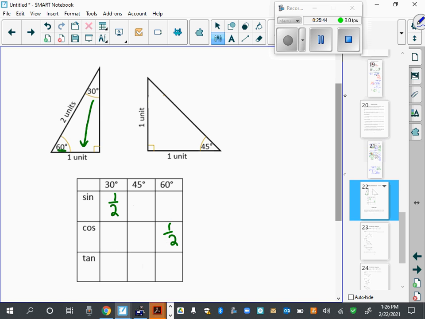So tan 45 equals 1/1, which is just 1. Good job. So that's the stuff we know just from the diagrams given, and I'll give you the diagrams with this chart. So you definitely want to get these 3, but that's not good enough.